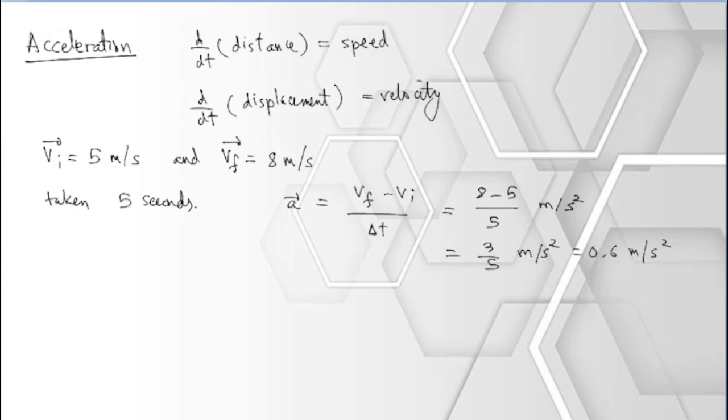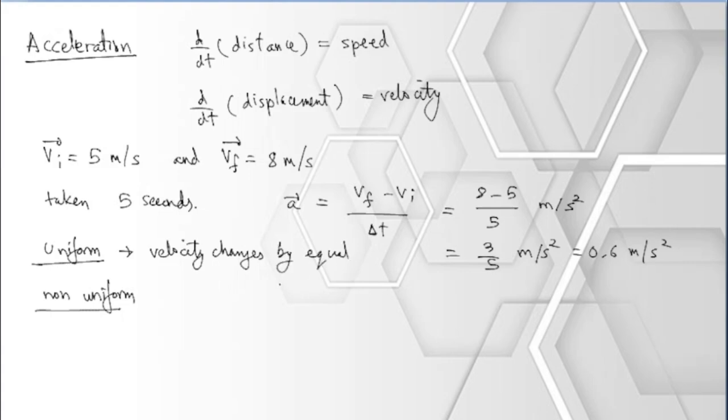Now acceleration can be uniform or non-uniform, right? Uniform is when velocity changes by equal amounts in equal intervals of time.